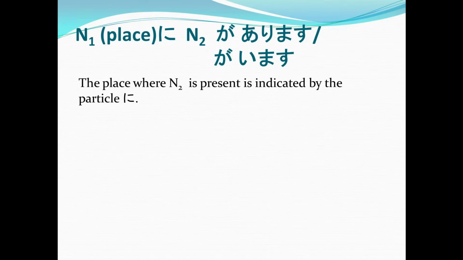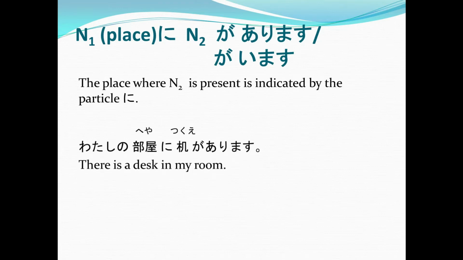The place where noun 2 is present is indicated by the particle ni. So noun 2 is the object or the person, and noun 1 is where that person or thing is. Let's take a look at our example.